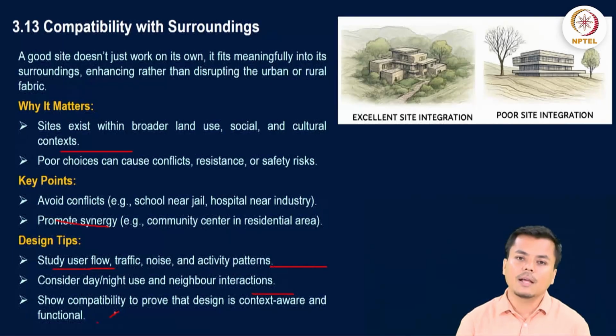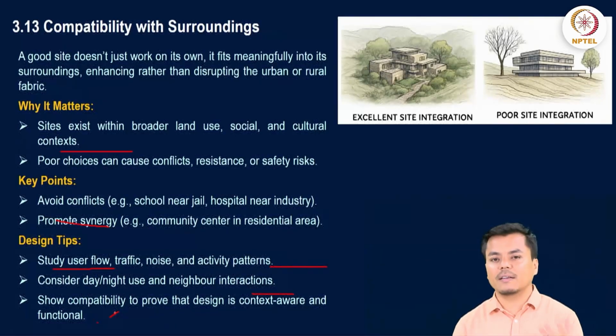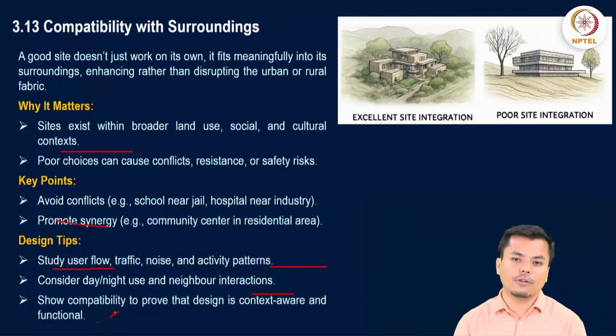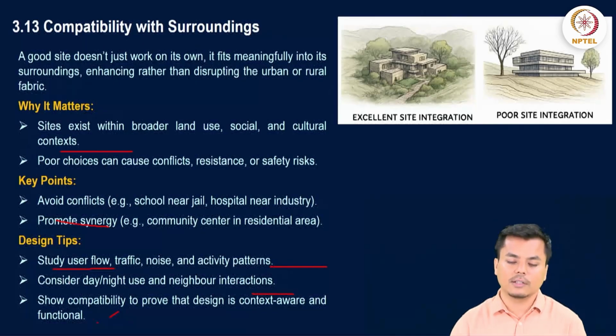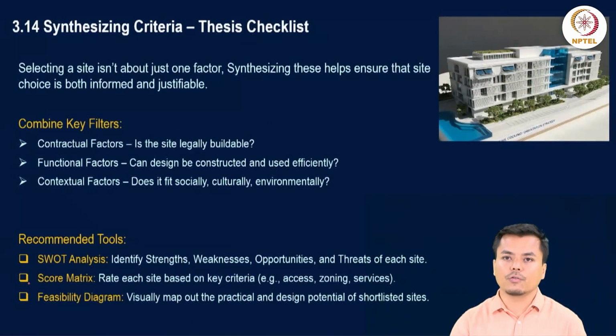For example, if you are designing an industry in a residential space, although it is not permissible within the land use, but still as a hypothetical site you are selecting that piece of land, then it is not a good site to select. Always during the review process you will be questioned about the site selection strategy. These are a few strategies by which you can limit such questions in your reviews.